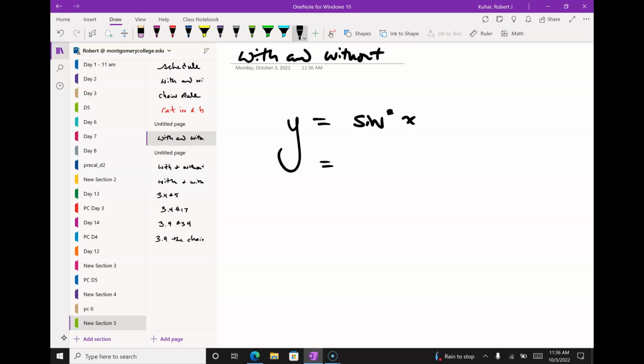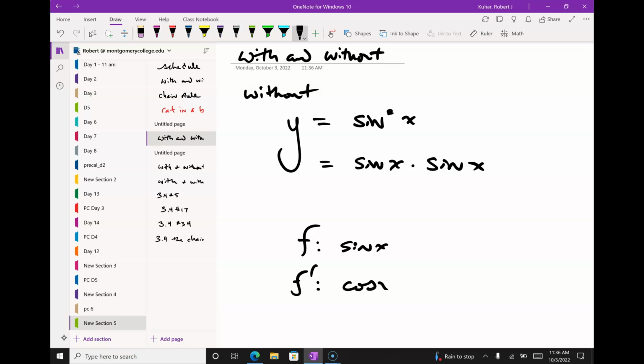So let's do this one without. This is sine x times itself, correct? So how can I get this derivative? What rule? Product rule. First function in the product is sine x. Derivative is cos x.